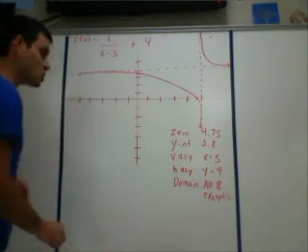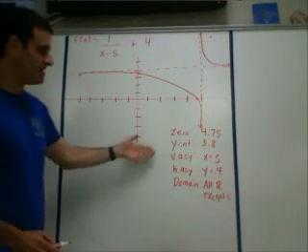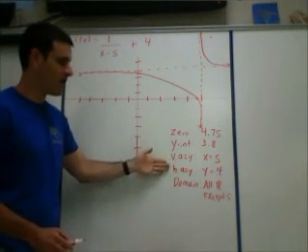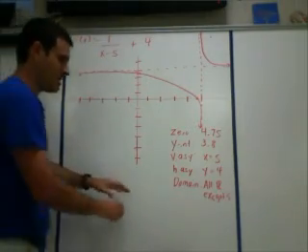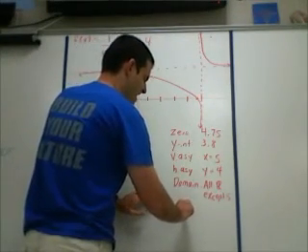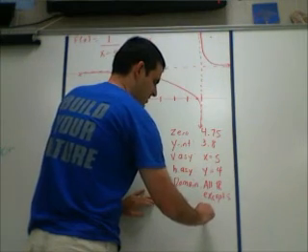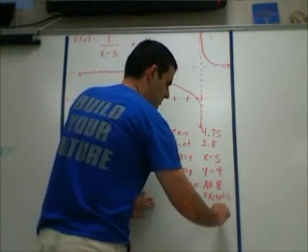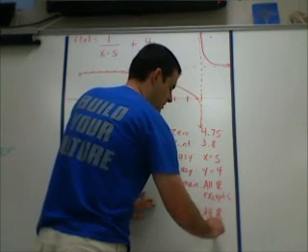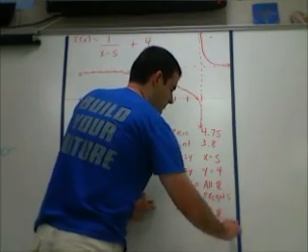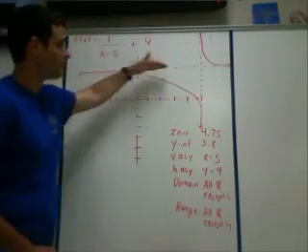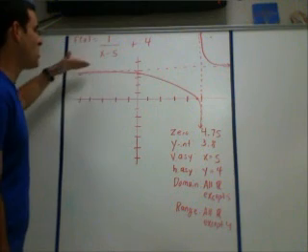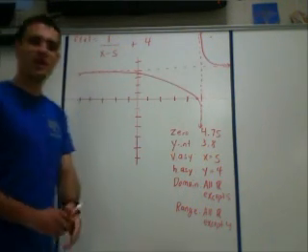Now range, in some cases, will be all reals except for the horizontal asymptote. That's not always true, but it is in this case. Range, you just kind of have to look at it. So all real numbers except 4. That's because the graph will never attain the y value 4.